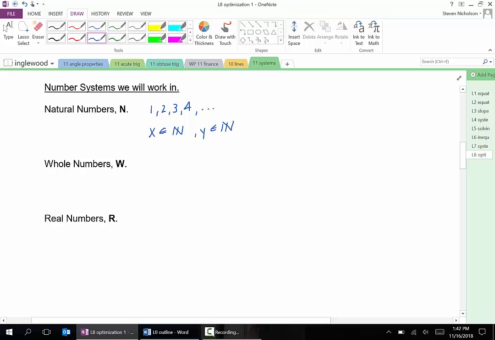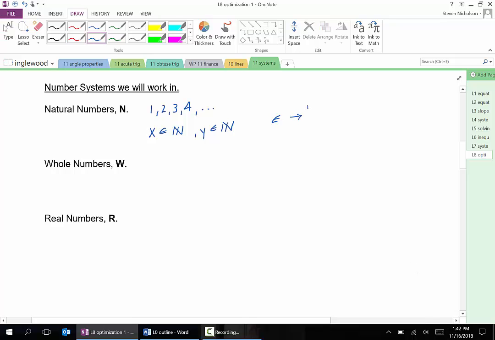We're going to call them x and y, so we can graph. Now, x and y might represent some real values, some real categories, but we're going to treat them as x and y. And what these two little statements say is x is a natural number and y is a natural number. So it's funny looking, looks like an e.